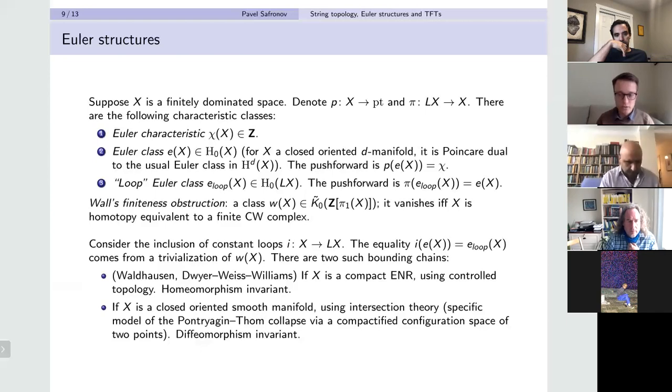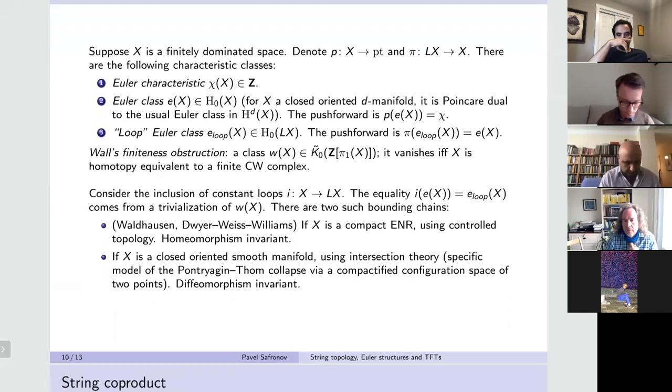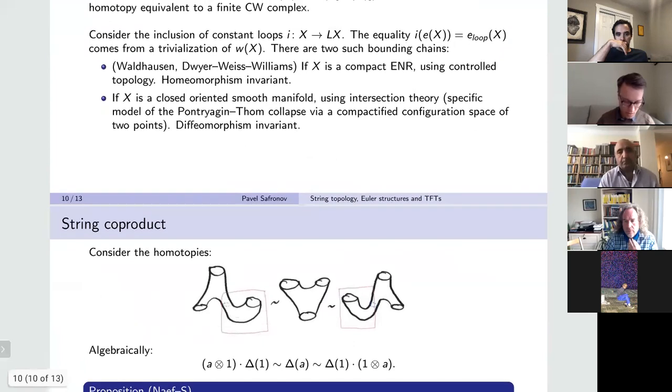Now let me go back to string topology operations. I want to explain how one can get a string coproduct out of this extended TFT that I've just constructed. Basically, if you look at a pair of pants which is upside down, so one circle splitting into two circles, you can play the following trick.